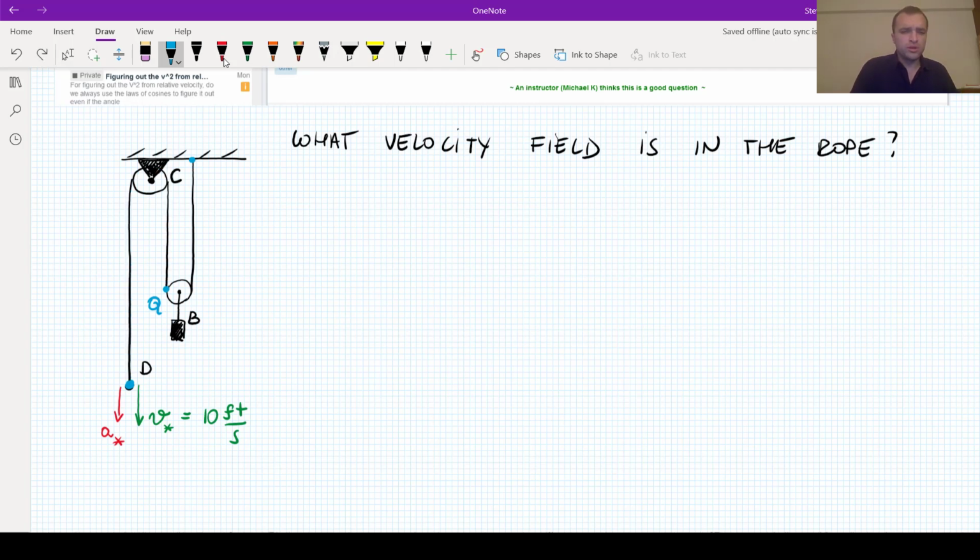Second chunk of the rope will be from point R to point S. So it will be this chunk. And third chunk will be between points Q and R, here. Okay, so let's call it chunk number 1, this will be chunk number 3, and this will be chunk number 2.